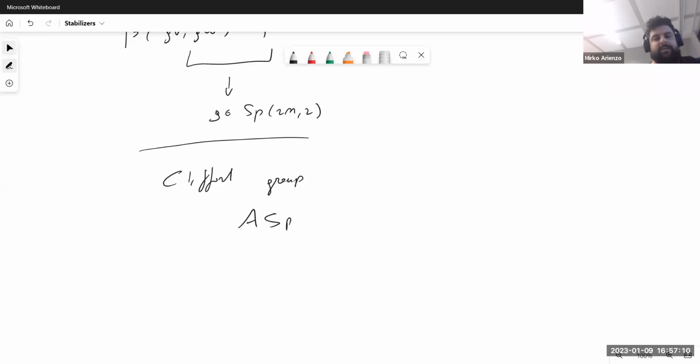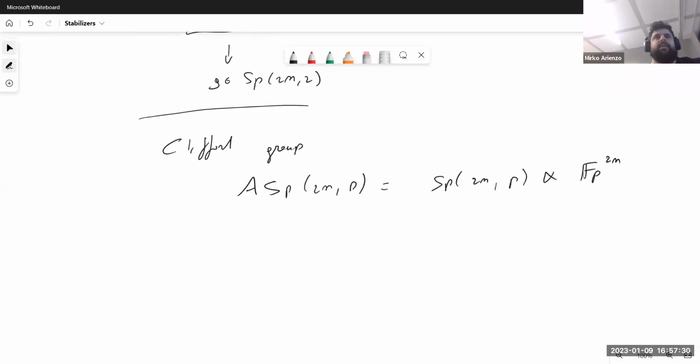I'm changing notation. That was the group that preserved the center of the Heisenberg group. So this is the group here, and we had this expression here. So this thing was just mu of G, W of V, sorry.